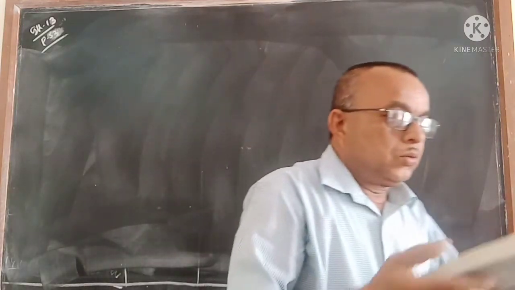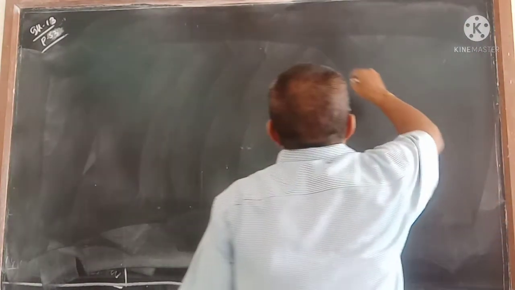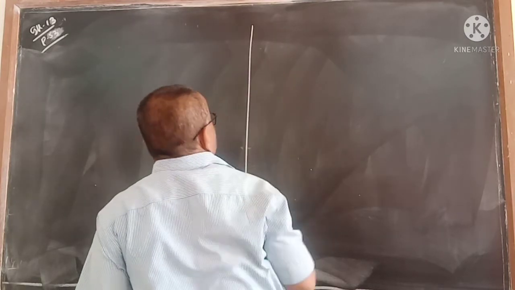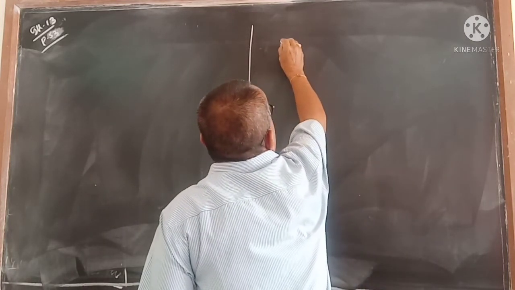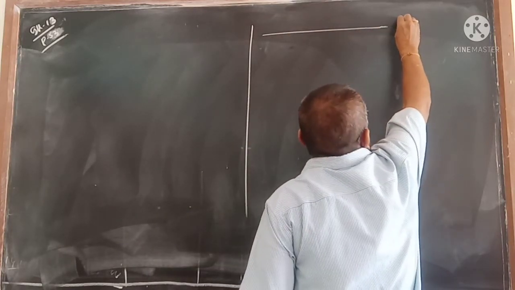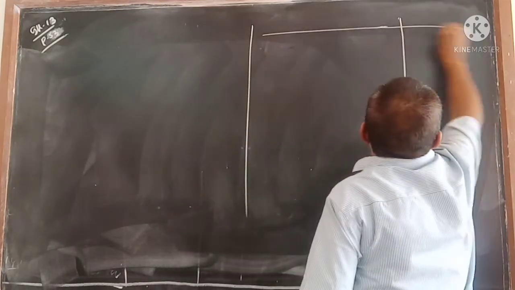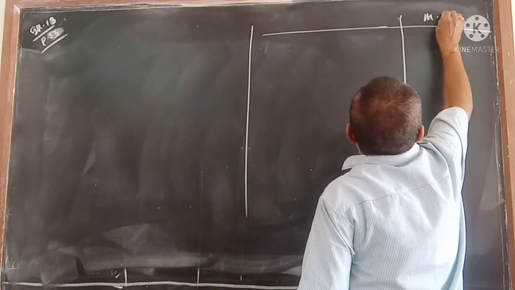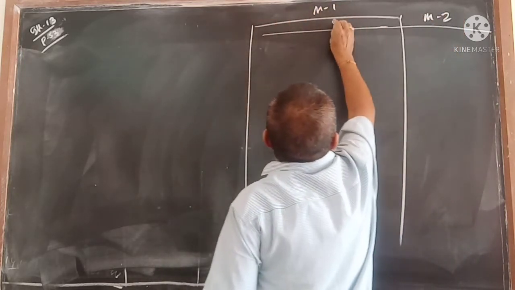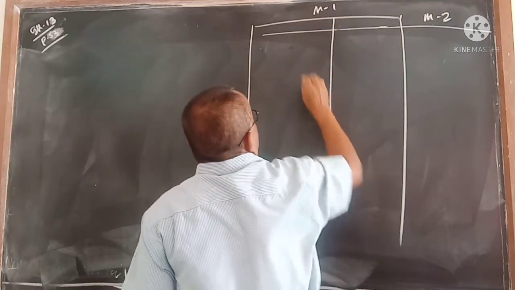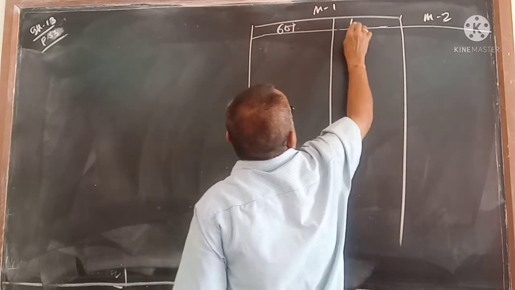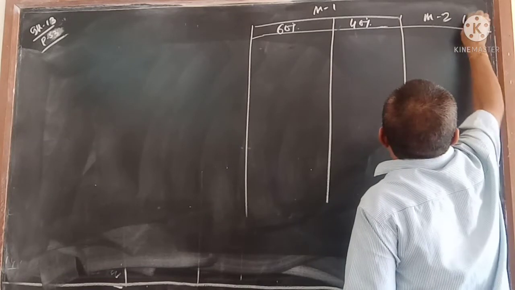Now the working. I told you that M1 and M2 you will work separately. This much space I want to take for M1, and this much space for M2. Again I want to make each into two parts. One is the 60% and another is the 40%, and this is 100%.